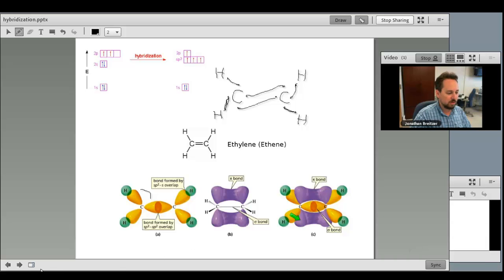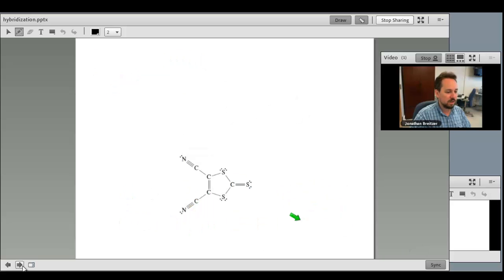Okay, so let's look at some other things here. Once we know about hybridization, sigma and pi bonds, we can actually go ahead and look at molecules and be able to determine how many sigma and pi bonds are located on this molecule. So first, let's look at the number of sigma bonds in the molecule. Remember that each bond, single, double, triple, is one sigma bond.